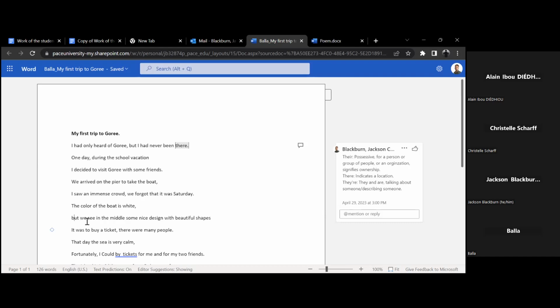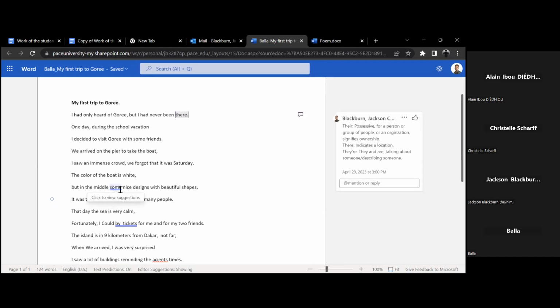So that's okay. But the color of the boat is white, but we see in the middle some nice design with beautiful shapes. Okay. You could say we saw in the middle some nice design, or you could just say but in the middle. It's up to you. Some nice designs with beautiful shapes. And then we could put a period.